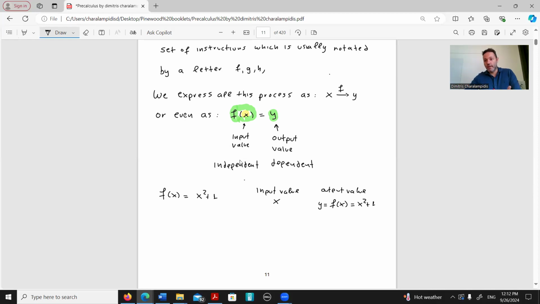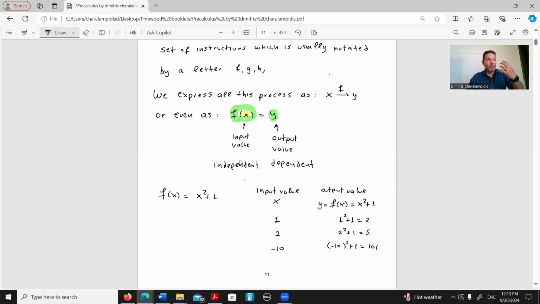This means that if we are given the x, in order to find the corresponding y value, I should take that x, raise it to the power of 2, and then add 1. So if I'm given number 1, I should do 1 squared plus 1, which is 2. If I'm given number 2, I should do 2 squared plus 1, which is 5. If I'm given negative 10, I should do negative 10 squared plus 1 equals 101.